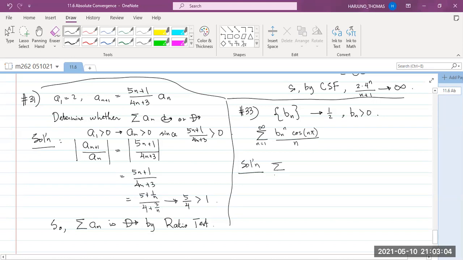Let's take a look at this series here. If I put absolute value, cosine n pi, actually cosine n pi will be alternating, positive, -1. So this will be the series b sub n to the n over n.